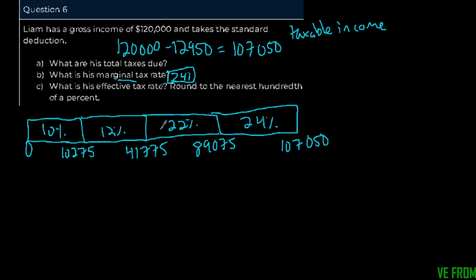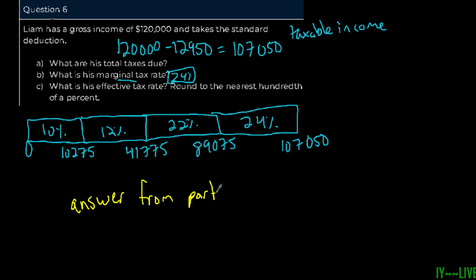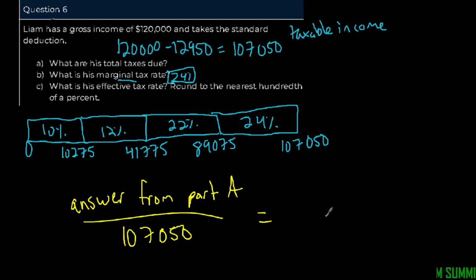And the effective tax rate, whatever number you find, you'll find your percent of a number from part A. So you're going to take your answer from part A and put it in for part C. Whatever I find in part A, I take that number divided by the taxable income, which would be $107,050, and it should be equal to 0.1824, which is about 18.24%.